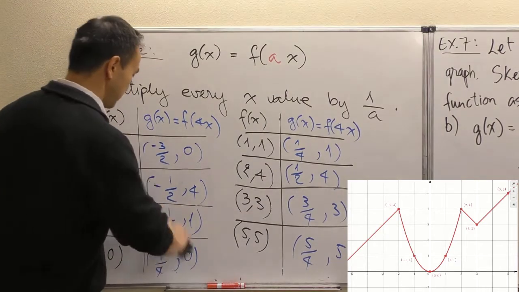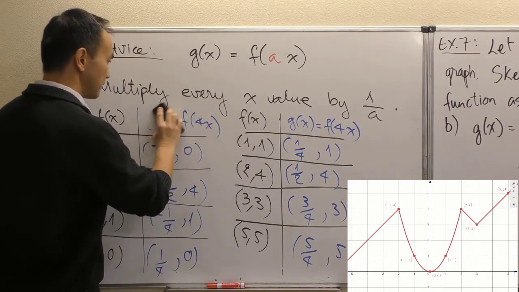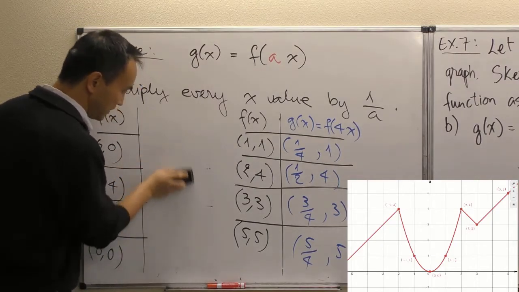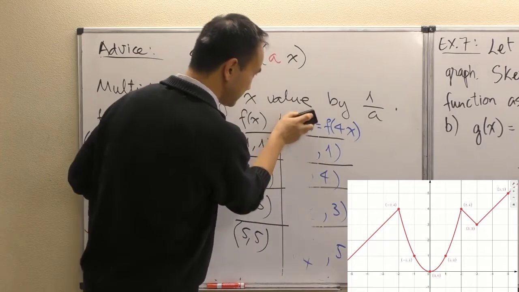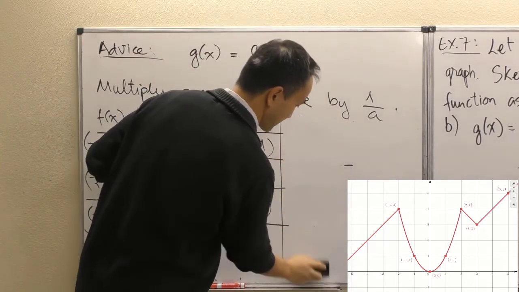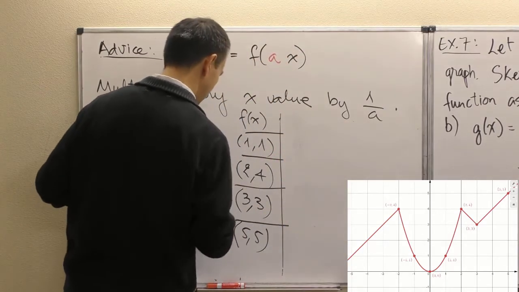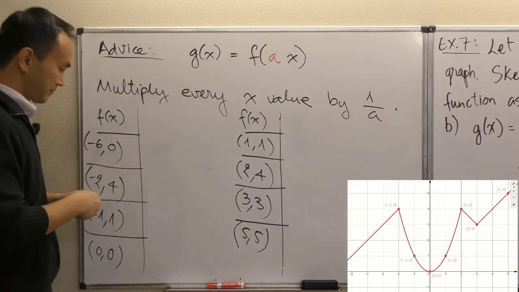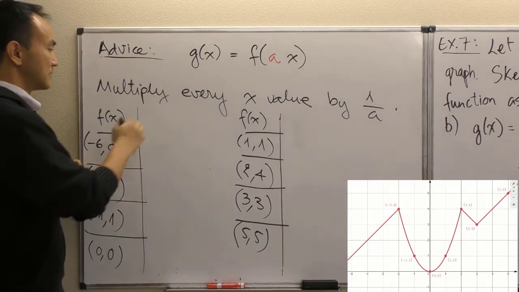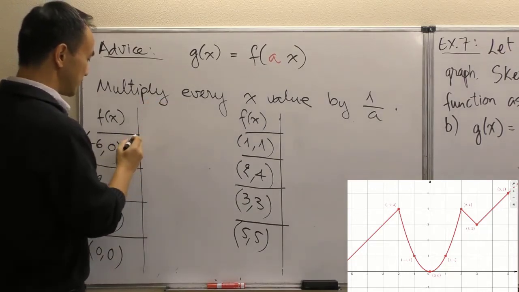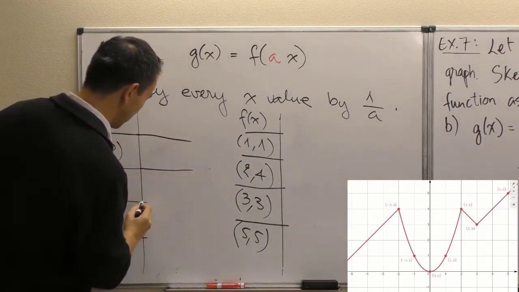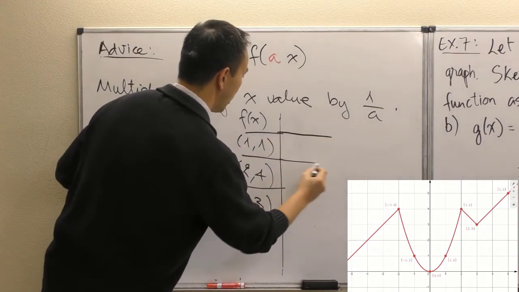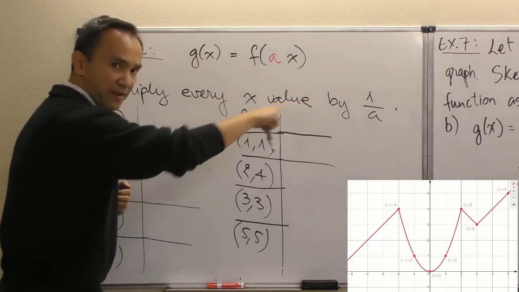So now I'm going to erase this column of my table, but I'm still going to retain the column that lists the original guiding points. All right, so here we go. So now when it gets to really doing it on our guiding points, or any point on the graph, all we have to do is multiply every x value by that factor 1 over a.